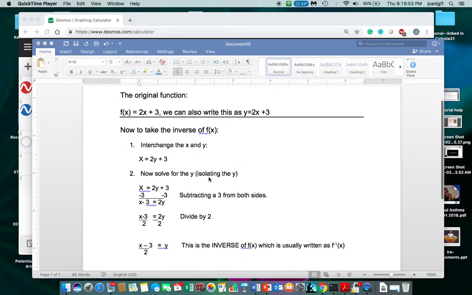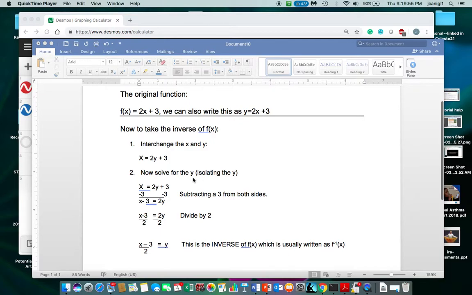So now, solve for the y. That means isolate the y. Another way of saying it is get the y by itself. So I'm going to subtract 3 on both sides. I have x minus 3 is equal to 2y. Then I want to divide by 2 on both sides.